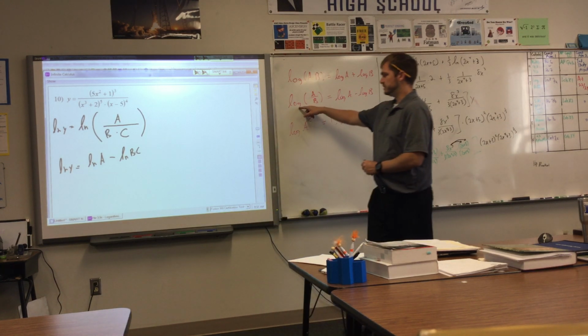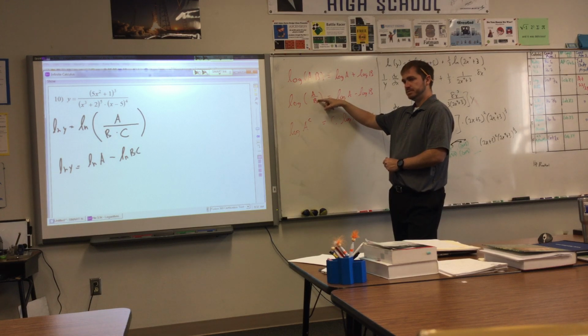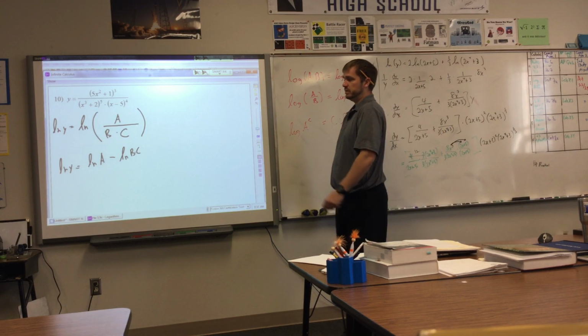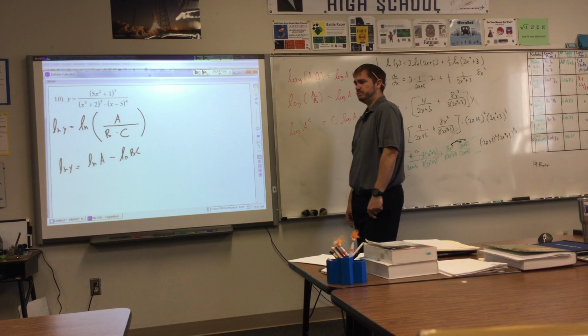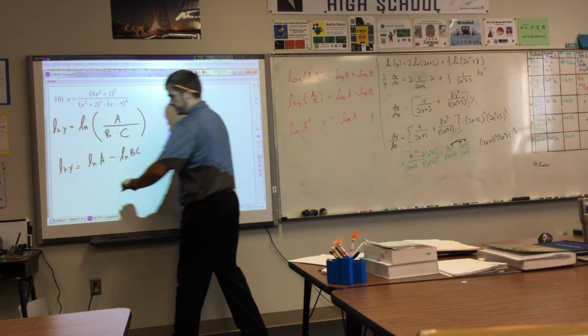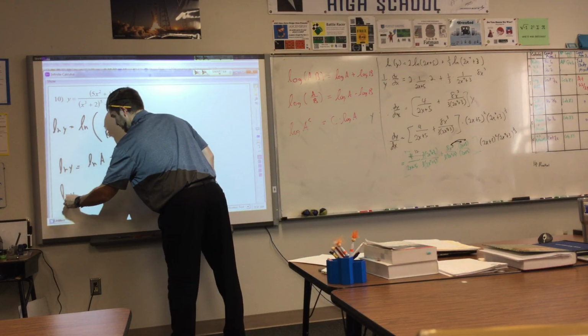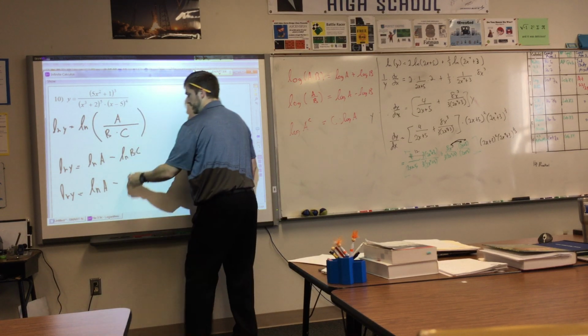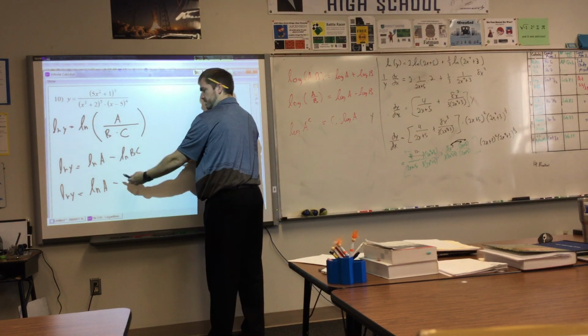Because the natural log of anything over something else, right? I get a look of confusion on your face there. No, it wasn't, but I got it. Okay. Alright. Now, let's expand this one more time. So, natural log of y equals natural log of a minus, and I'm going to split this one up.